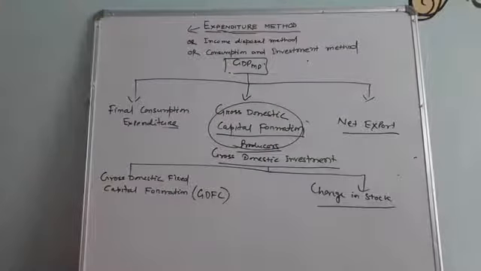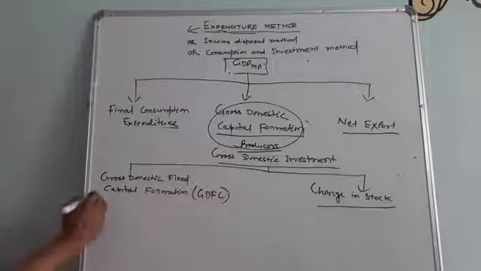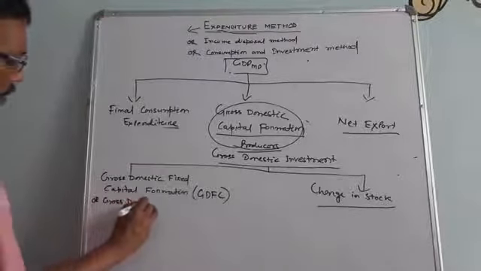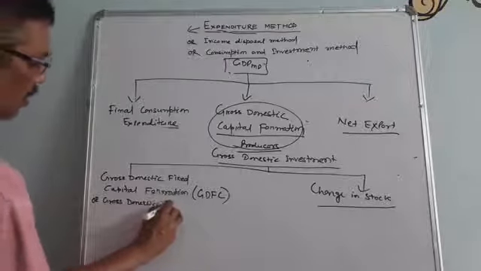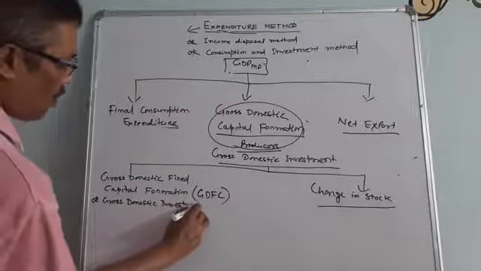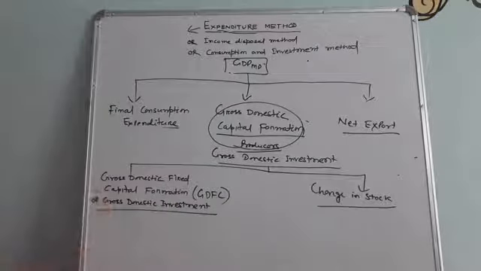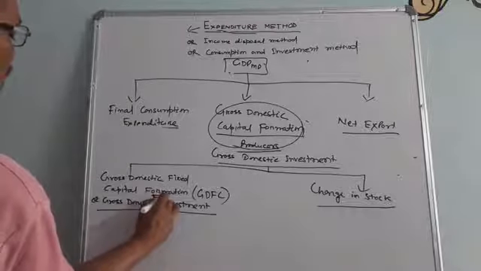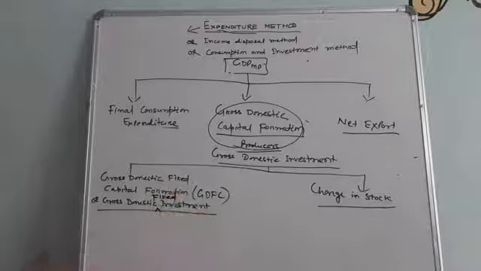Gross domestic fixed capital formation or gross domestic investment is called gross domestic investment. Fixed capital formation or fixed investment refers to the expenditure.